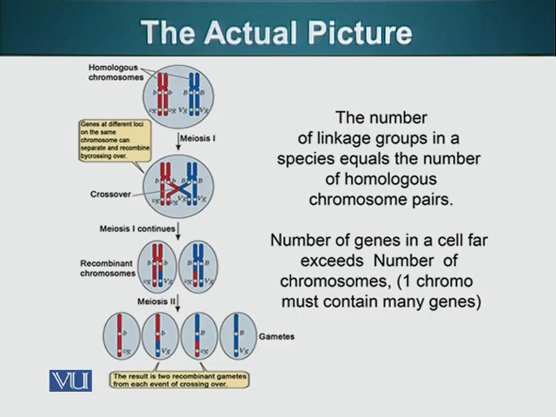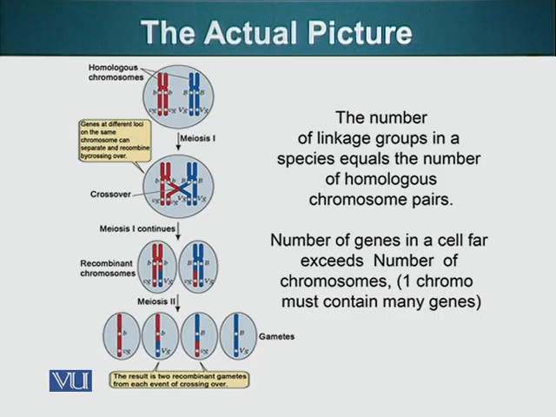When this exchange takes place, genes from one chromosome will be shifted to the other homologous chromosome. When that happens, we end up with new combinations, and actually this is very important for genetic diversity. This phenomenon has played an important role in evolution also.